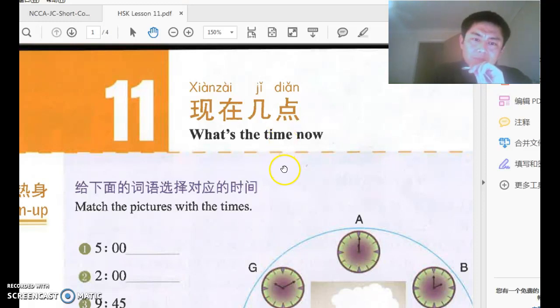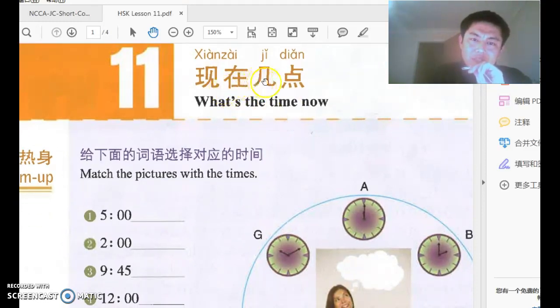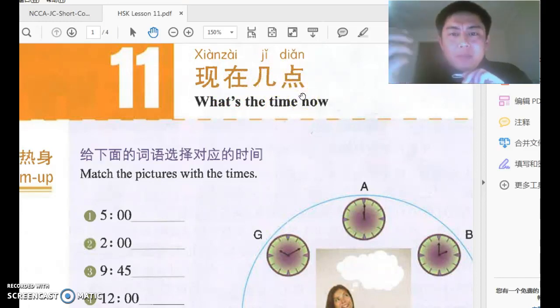Anyway, so 现在几点？几 how many, o'clock? Why do you use how many o'clock instead of what time? Why don't you say 什么时间? It is because in Chinese we view all numbers as a quantity.